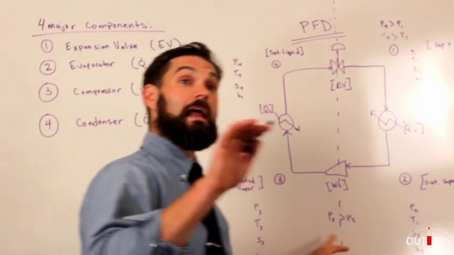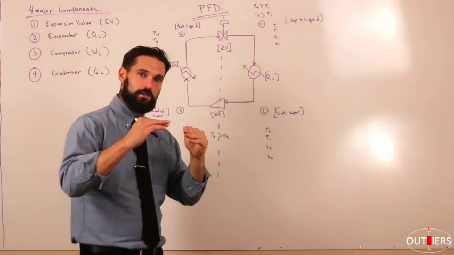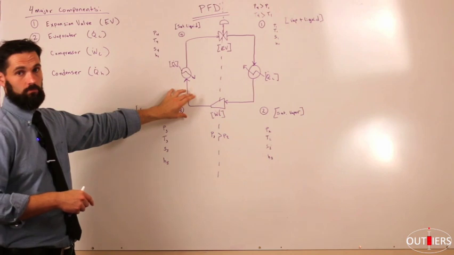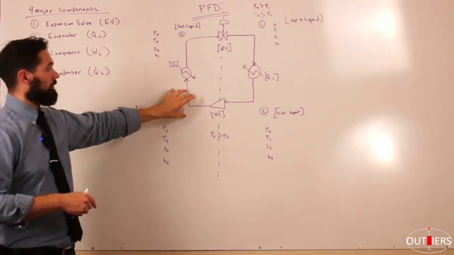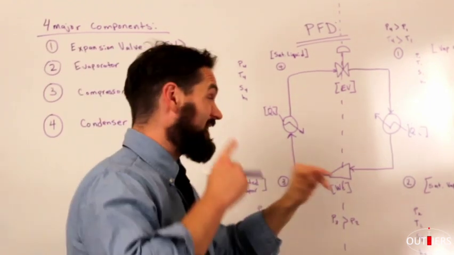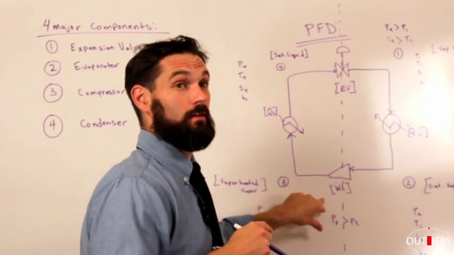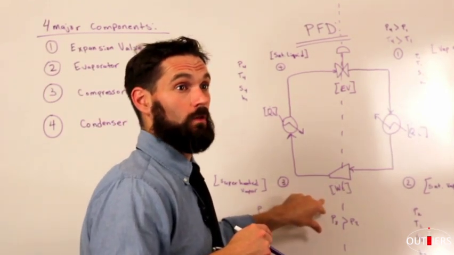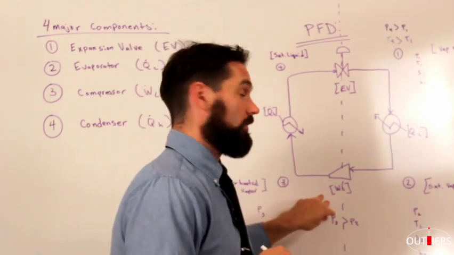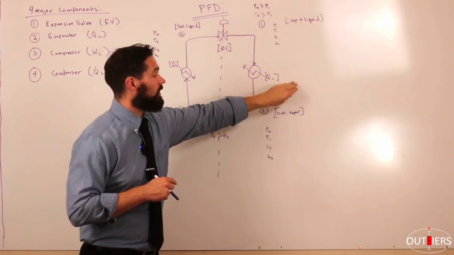So it would be very nice to have a quick way to analyze this cycle, maybe against an ideal case, to say, listen, we can't get any better than this. If anything, it's going to cost more energy to get us this cold.